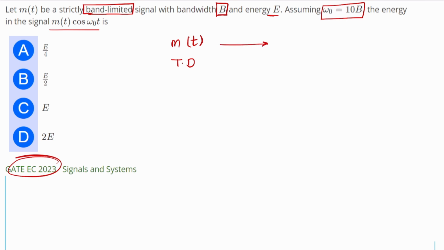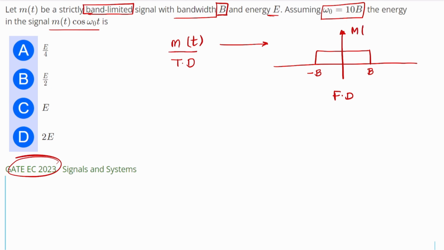So we will be converting this signal into the frequency domain, and according to the question, the given signal is band limited with B hertz. This is in frequency domain. Now I have converted this m(t) signal into its frequency domain.